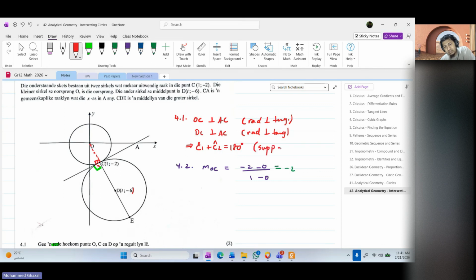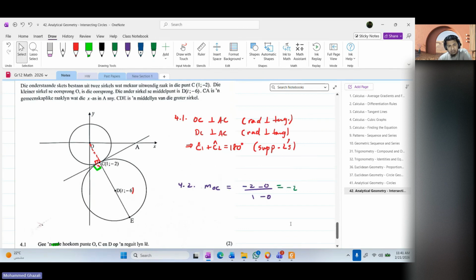Therefore, OCD is a straight line. This is a more logical proof, okay? Sorry about that, I was looking at CDE. It can't be straightforward like reading off from there. So this is the proper reasoning.